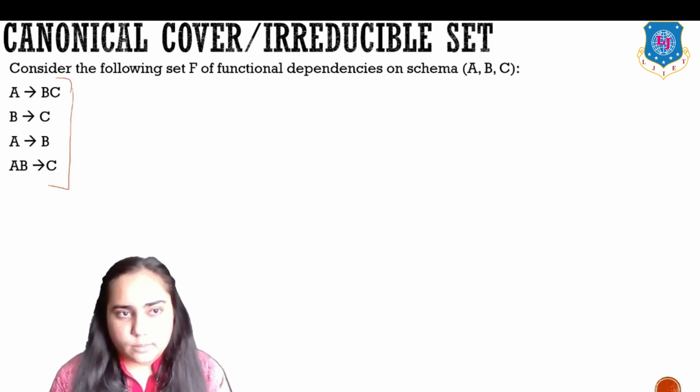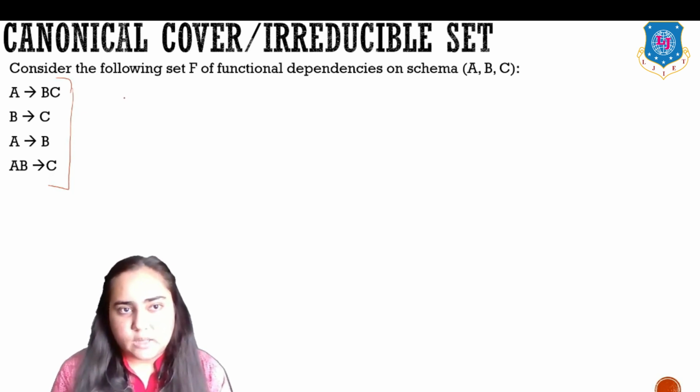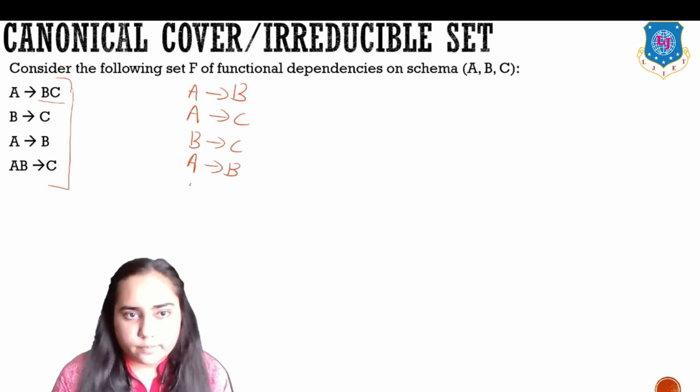So let's start by, first of all, applying the simple decomposition rule on all these dependencies. The decomposition rule is a very simple rule to apply. So all you need to do is wherever you see more than one attribute on the right-hand side, you just need to decompose it, which means I will be having A determines B, A determines C, and the rest of the dependencies I'm going to write down just as they are here.